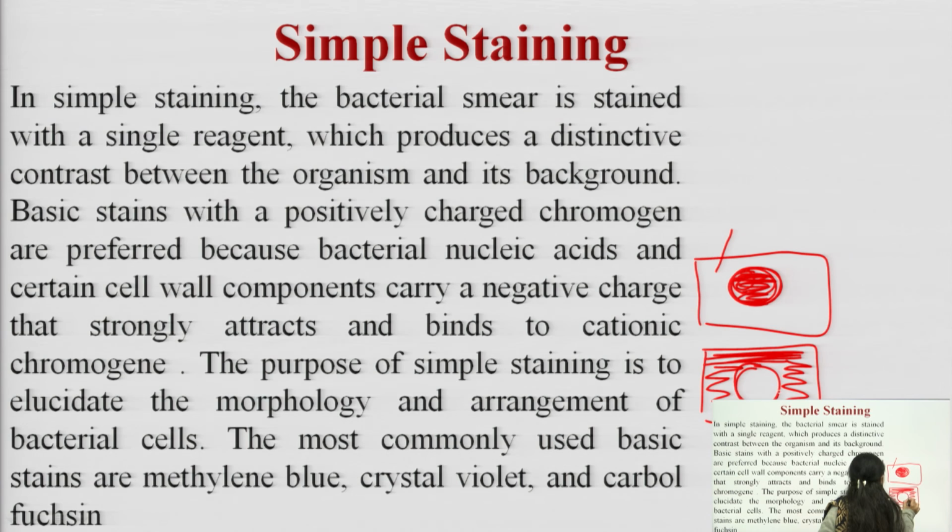So in positive staining the cells will be colored and the background colorless. And if the cells are colorless but the background is stained with the staining reagent, that staining is known as negative staining.